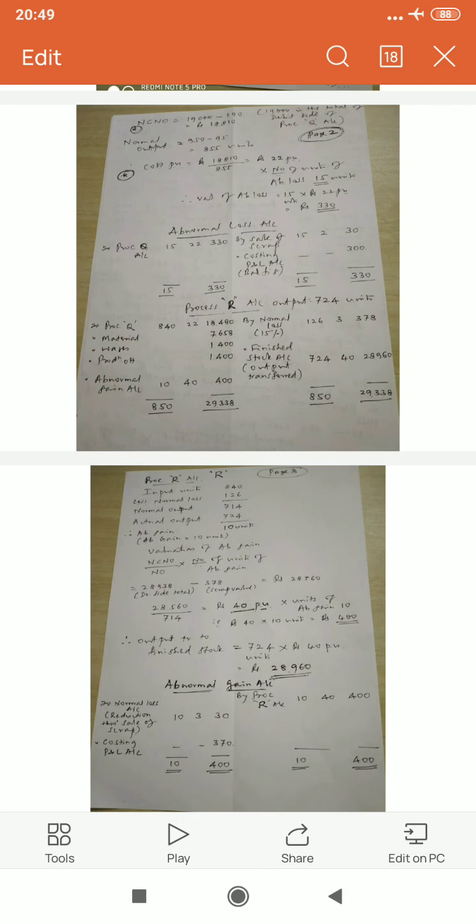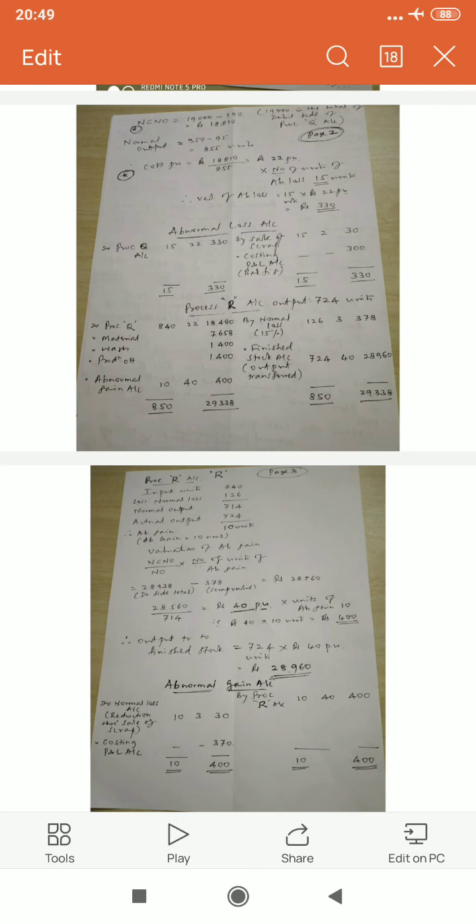Abnormal gain account having been opened, the journal entry in respect of abnormal gain could be stated as process R account debtor to abnormal gain account. Therefore, under abnormal gain account, by process R, 10 units at the rate of rupees 40 per unit amounting to rupees 400.